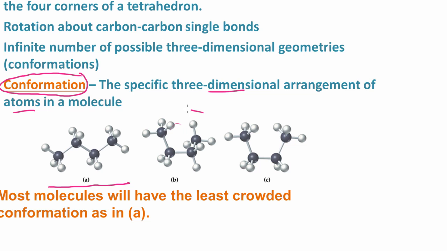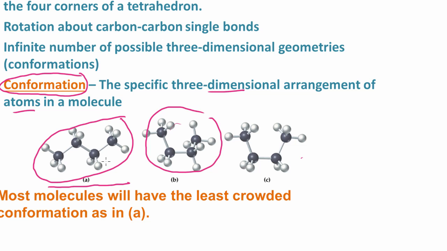You look at this here, and this is pretty crowded. You have these two methyl groups that are very close to one another, and there's going to be repulsions there, and the same here. But here, the groups are as far away from one another as possible. This is going to be the most stable state. So at any time, most of the molecules are going to be in this conformation.